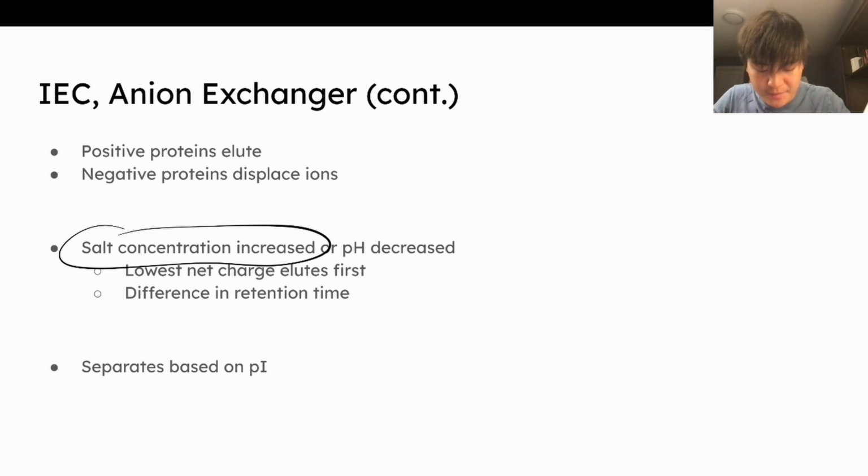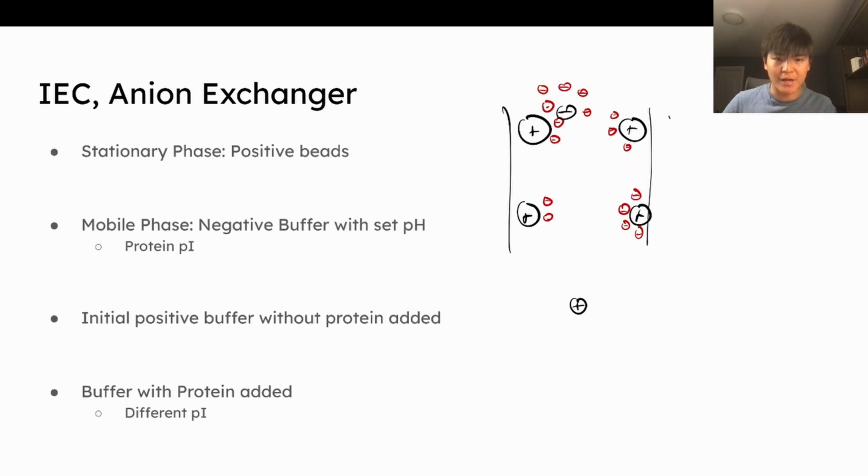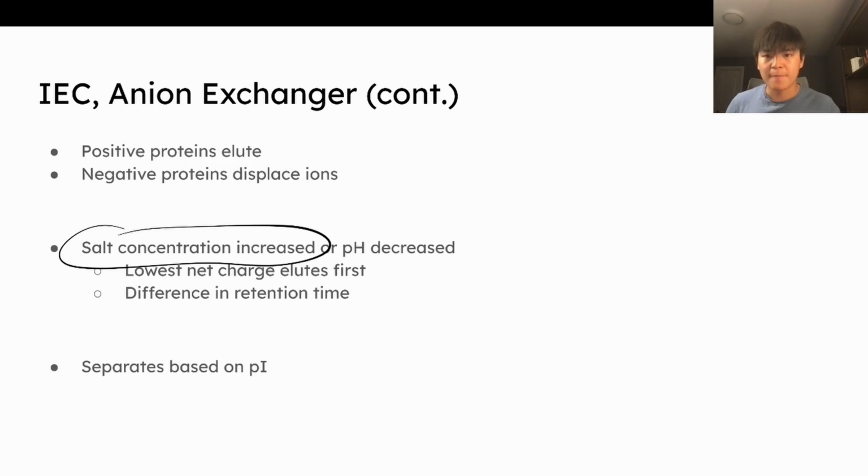The other one is decreasing pH. Last time we increased pH to get it above the isoelectric point to turn the proteins negative so that they would leave. But now negative is good, so we want to do the opposite. We want to turn these proteins positive. And how do we do that? Well, we decrease the pH. We get the pH under its isoelectric point, and that will turn them positive.